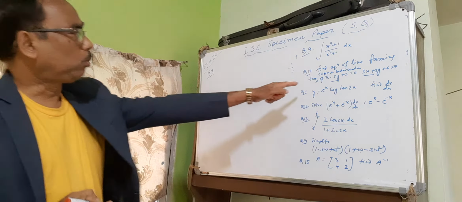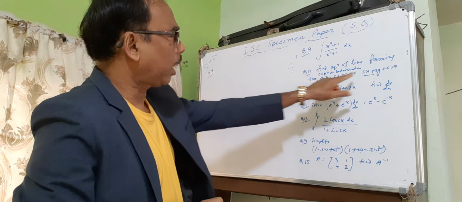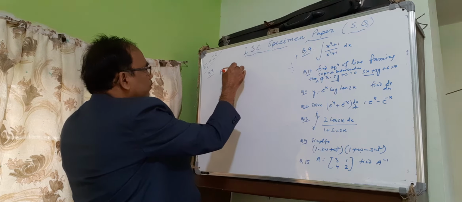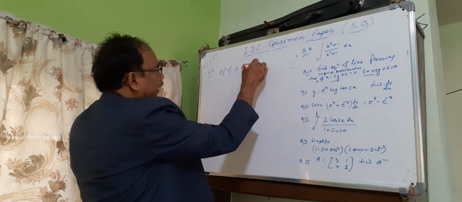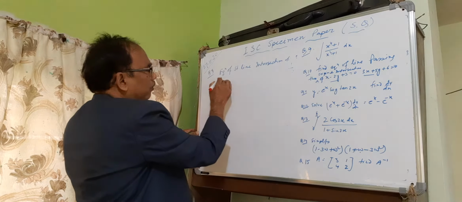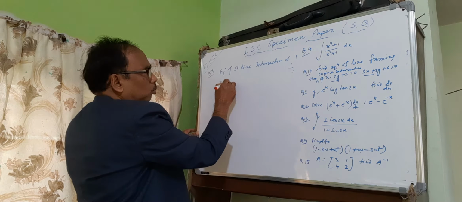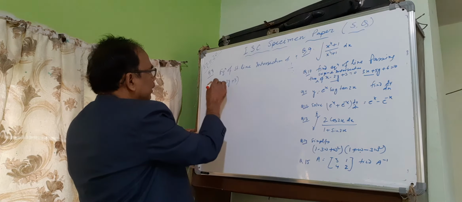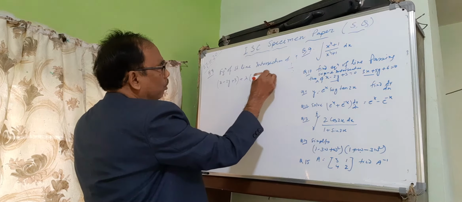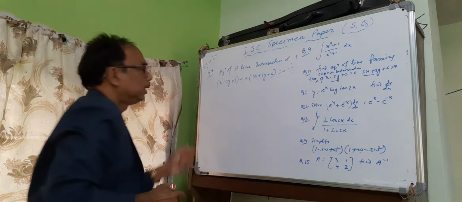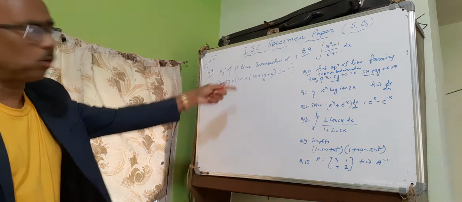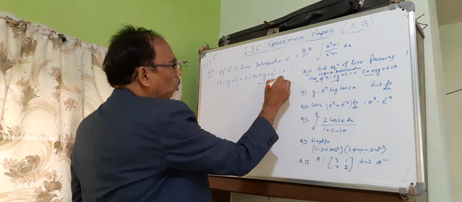We know the equation of a straight line passing through the intersection of two lines is x minus 2y plus 3 plus lambda into 3x plus 5y plus 6 equal to 0, where lambda is any constant, and this line passes through origin, means 0, 0.